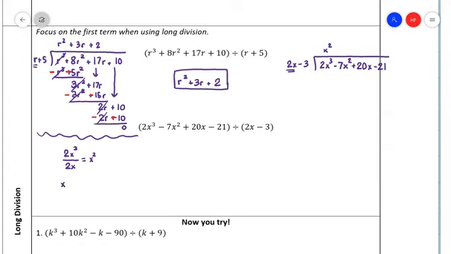Then you're taking the number on the top and multiplying it by the entire thing that you're dividing by, so by 2x minus 3. You should get 2x cubed, and then x squared times negative 3 is a negative 3x squared.